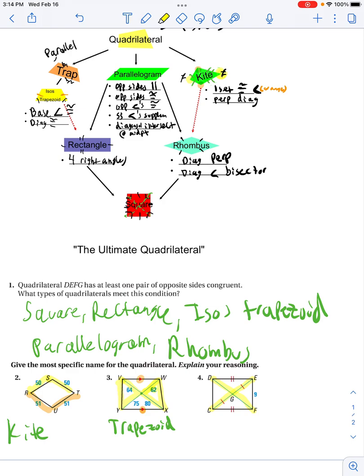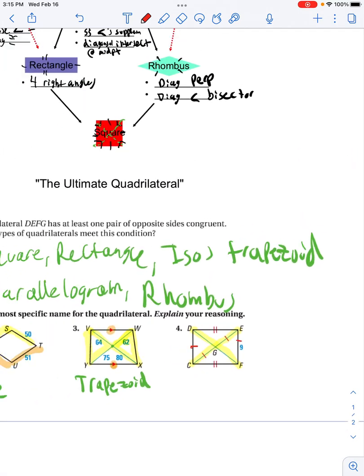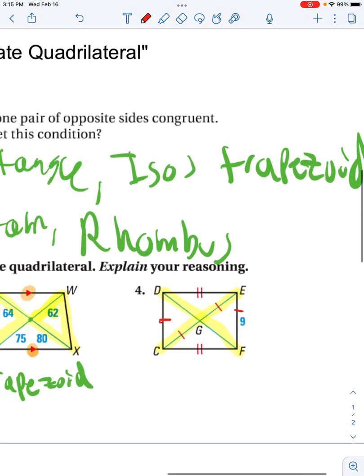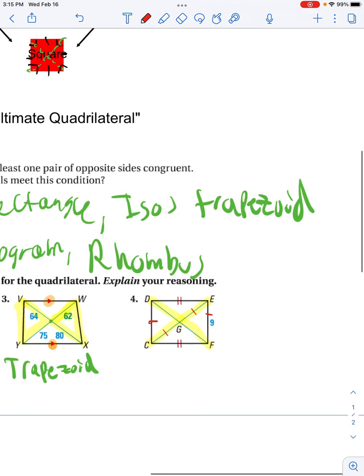But I would say that because we have the diagonals intersecting at the midpoint, and we have at least one set of parallel lines, which again, if we know the midpoint in one set, then we can assume that this side is also, excuse me, it's not parallel, it's congruent, but we can assume that this side is going to be congruent. The only thing is we don't know anything about these angles. That's why I don't believe we can call it a rectangle, because we don't know anything about the angles. So we're just going to go with a parallelogram.